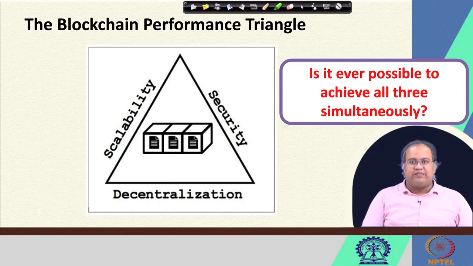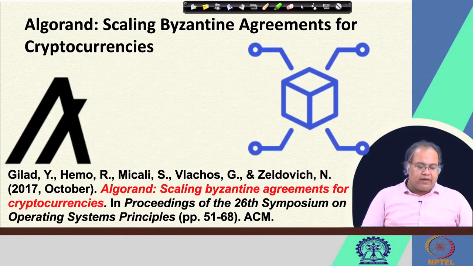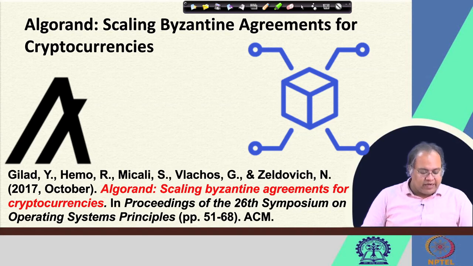The idea of Algorand was first introduced by the paper "Algorand: Scaling Byzantine Agreements for Cryptocurrencies", published in the proceedings of the 26th Symposium on Operating Systems Principles, the conference SOSP. The primary authors of this paper were Gilad, Hemo, Silvio Micali, Vlachos and Zeldovich, from MIT.